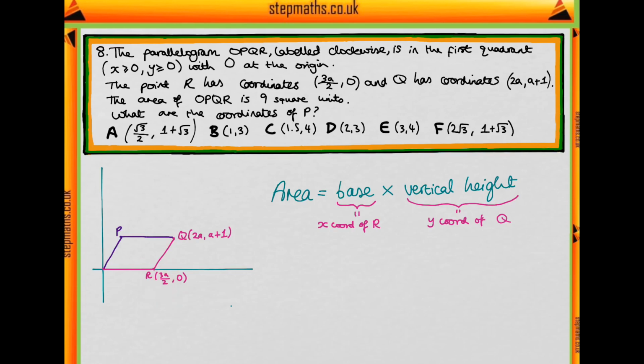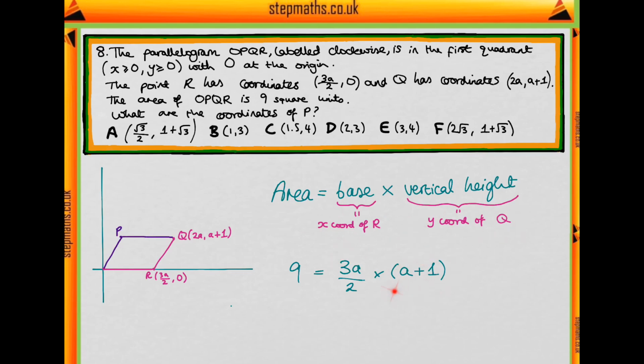Similarly, the y coordinate of Q will be the vertical height because we go from y equals 0 up to y equals a plus 1, so the height is a plus 1. Since the area is 9, we get 9 equals 3a over 2, the x coordinate of R, times a plus 1, the y coordinate of Q.